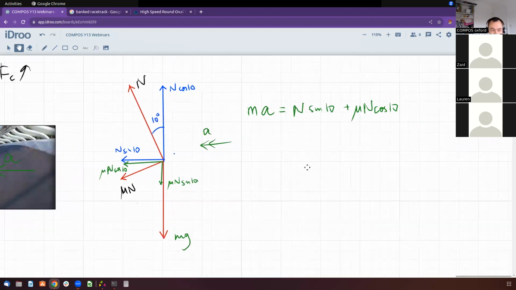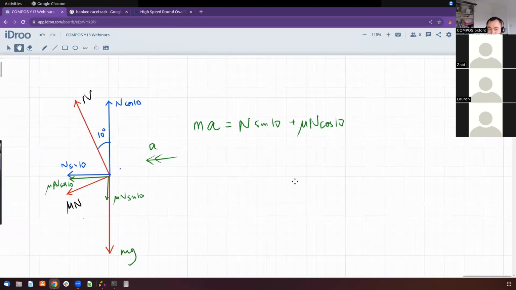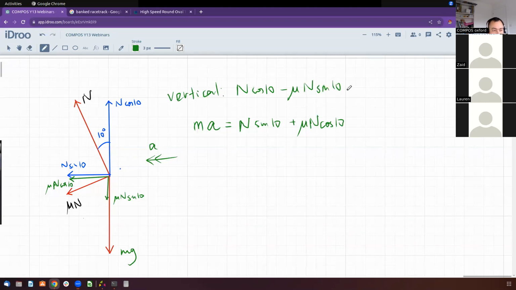Now everything would be perfect if N was mg, but N is not mg because we need to look at the vertical forces as well. Vertical forces, we have N cos 10 minus mu N sine 10 equal to mg. This is the vertical forces.